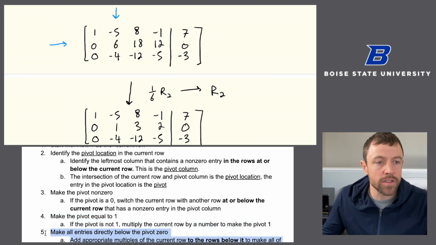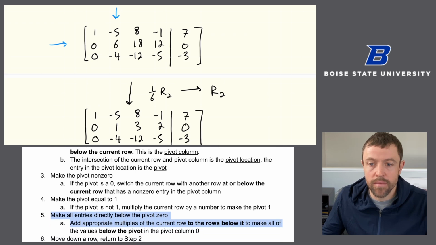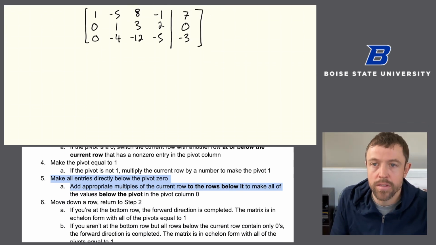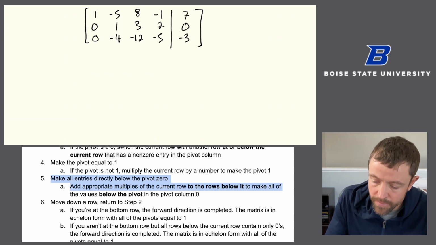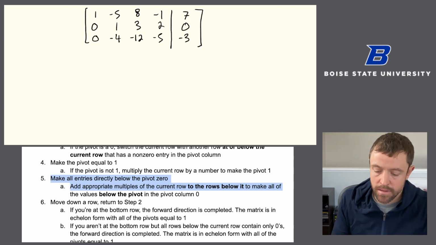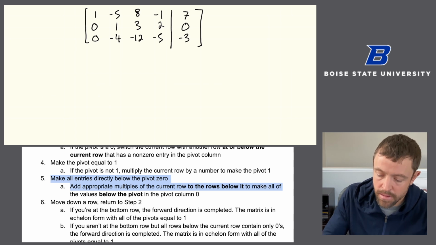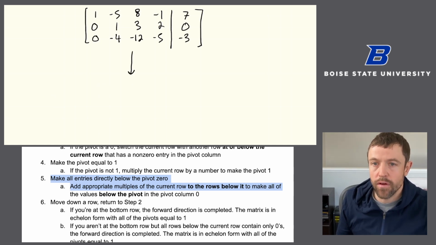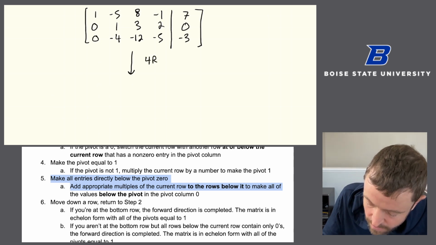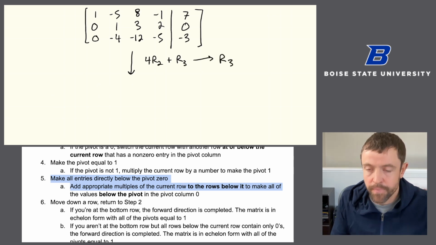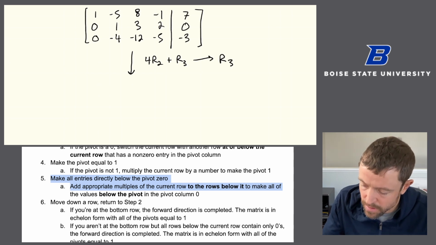Now I need to make all of the entries directly below the pivot 0. So what should I do to this thing? Well, again, pause the video if you want to try to figure out what the next step is. So what I'm going to do is add 4 row 2 to row 3. I don't know why I started writing these things with subscripts instead of numbers.